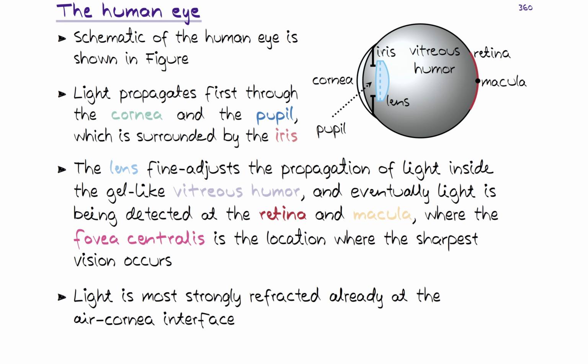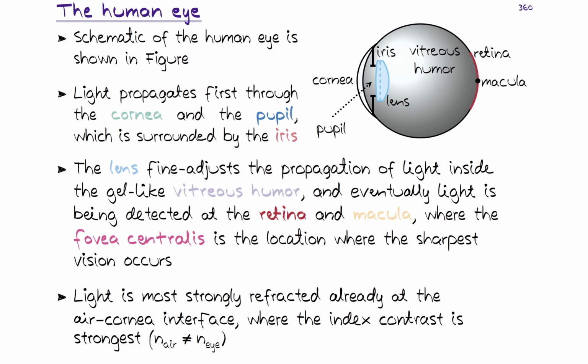And like I said, the light is mostly refracted at the air-cornea interface because the index contrast there is the strongest. So that's where most of the refraction takes place. The component known as the lens is only doing fine adjustment, and we will shortly learn that this is known as accommodation.